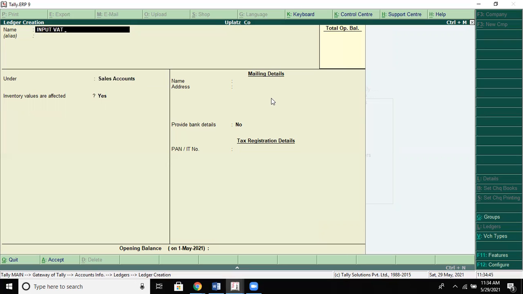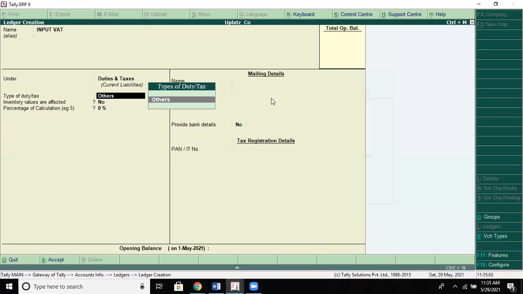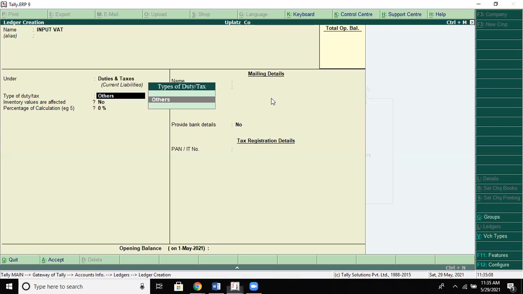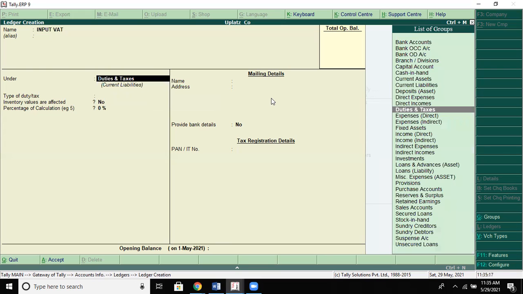It is basically like your input tax. So input tax is a tax. Whenever you make any purchases, the input tax is calculated. So here the tax is calculated on the purchases. That is why it is called input VAT and it will be under the head duties and taxes. Okay. Now here type of duty, it should be VAT. Okay, not yet created.